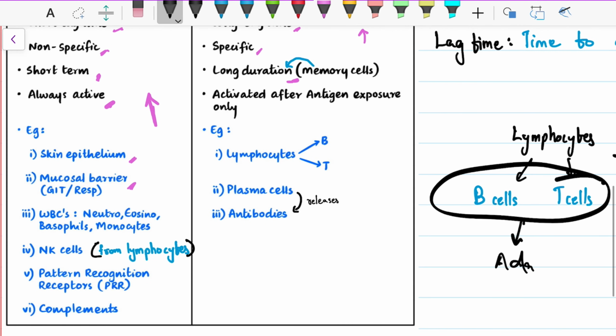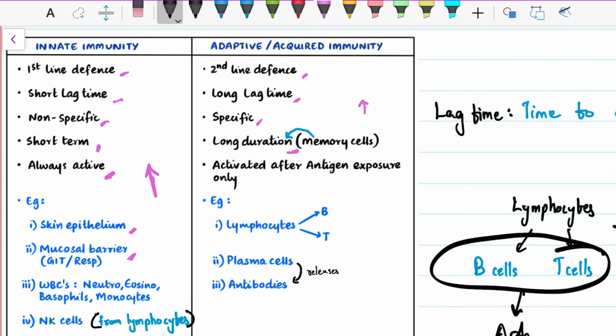And in adaptive immunity, the examples are B cells, T cells, and the plasma cells, which release antibodies when the B cells come and activate them.